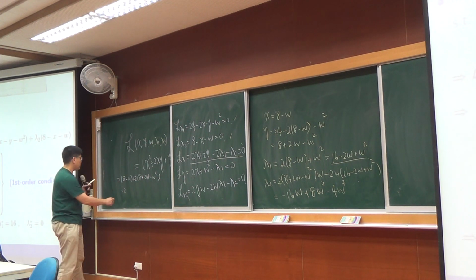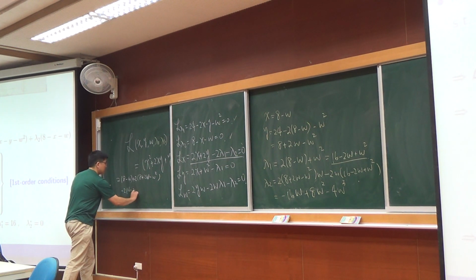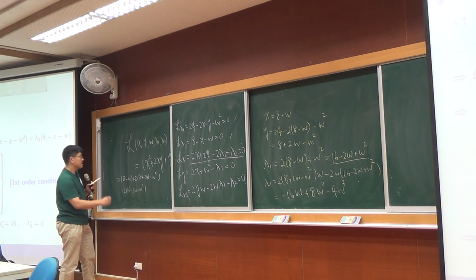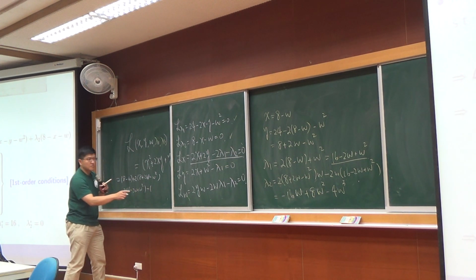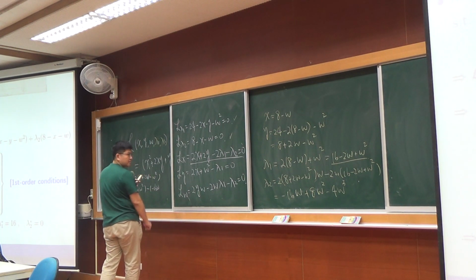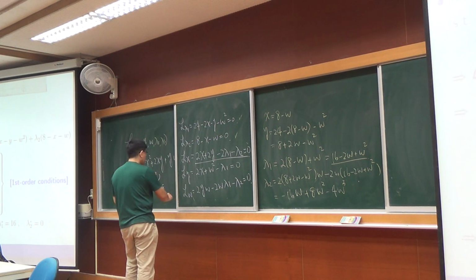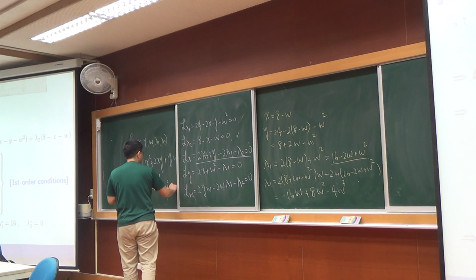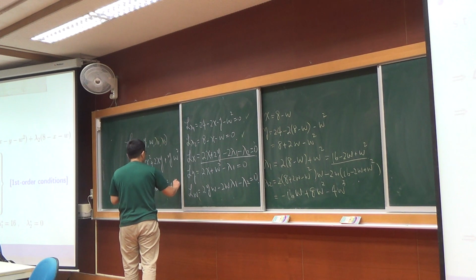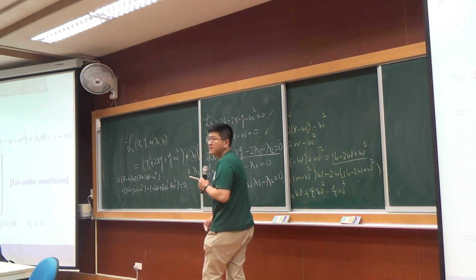Lambda 1 would be 16 minus 2w plus w squared, and minus lambda 2. Minus lambda 2 would be negative 16w plus 8w squared minus 4w cubed equals 0. Okay?